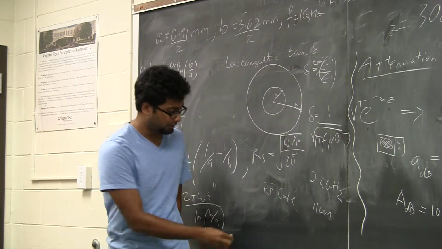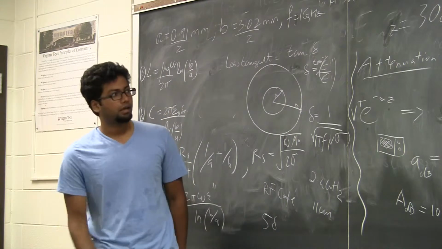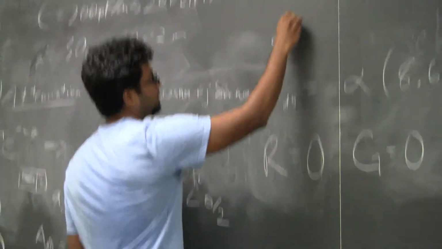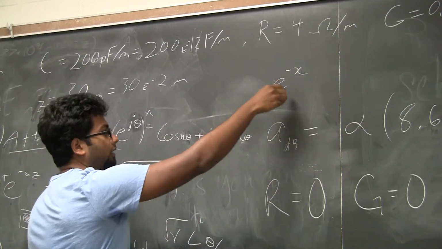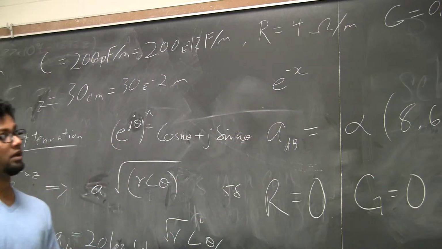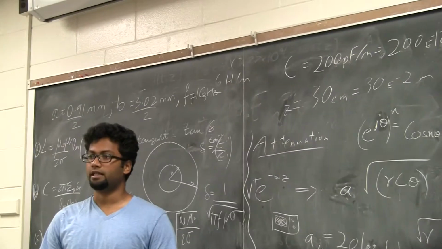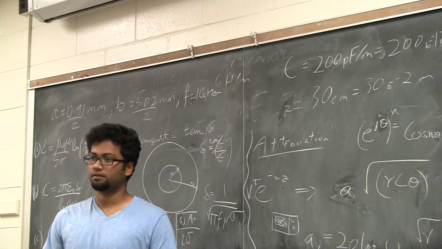Usually the rule is 5 delta is good enough, because skin depth comes from the fact that you need something to decay by a certain amount. If you use 5 delta, e raised to minus 5 is 99.9% decay. So the fields don't make it through 5 delta.